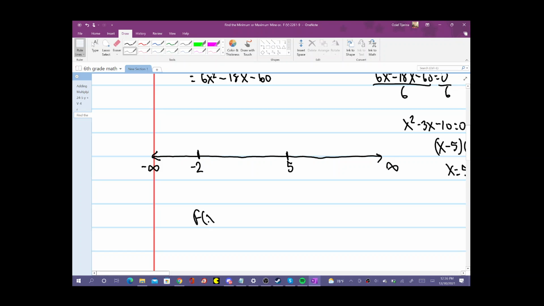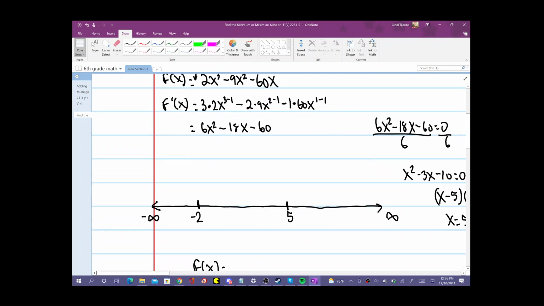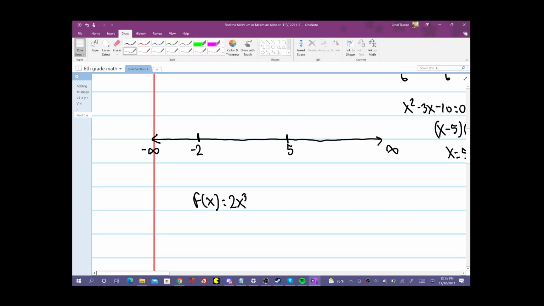So we're going to pick negative 3. So f of x equals 2x cubed minus 9x squared minus 60x. We have 2 times negative 3 cubed, excuse me, minus 9 times negative 3 squared minus 60 times negative 3.